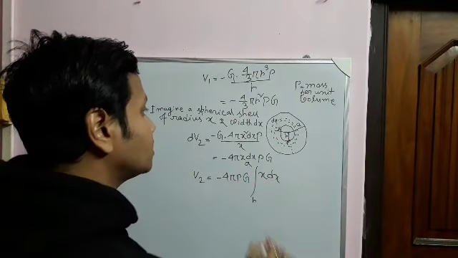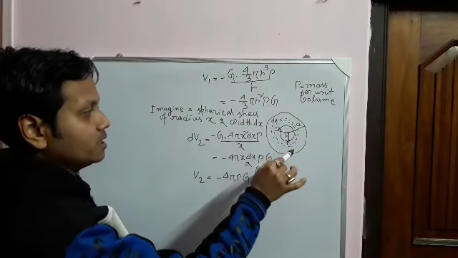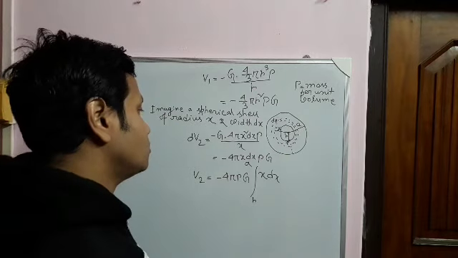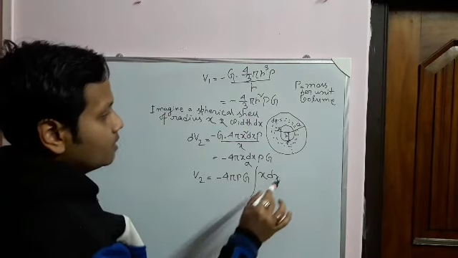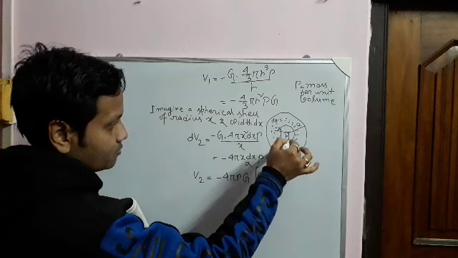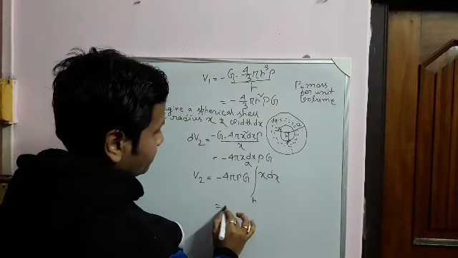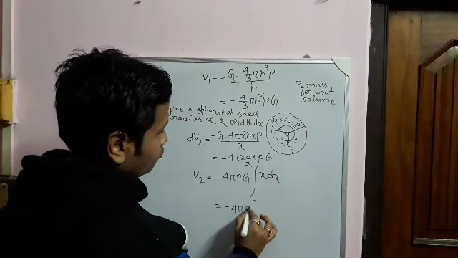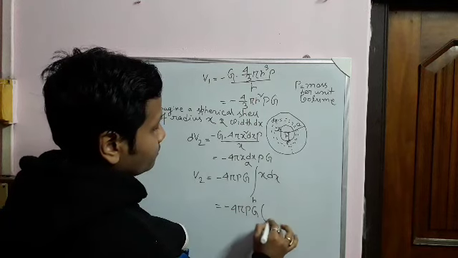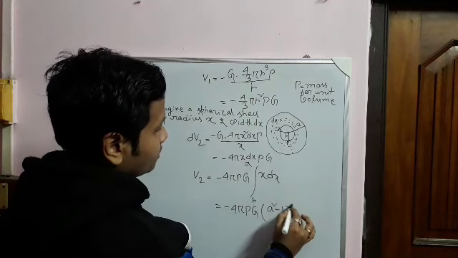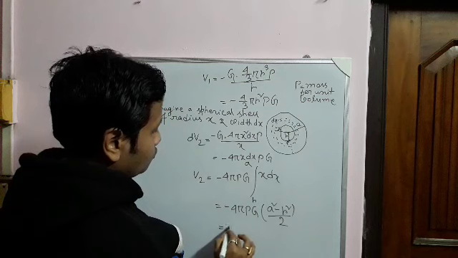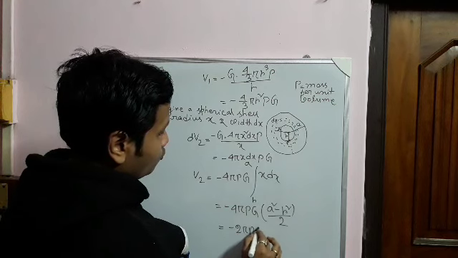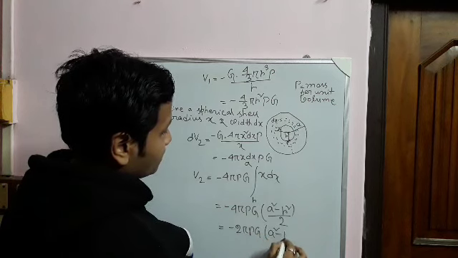This is the potential due to the thin spherical shell, and if we integrate within x equal to r to a, we will find the potential due to the remaining part. So what will be the result? Minus 4 pi rho G times x square by 2, that means a square minus r square by 2. So minus 2 pi rho G into a square minus r square.